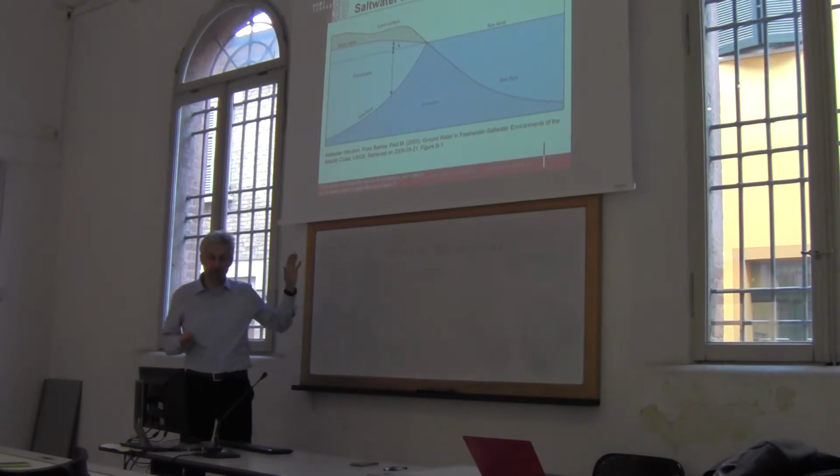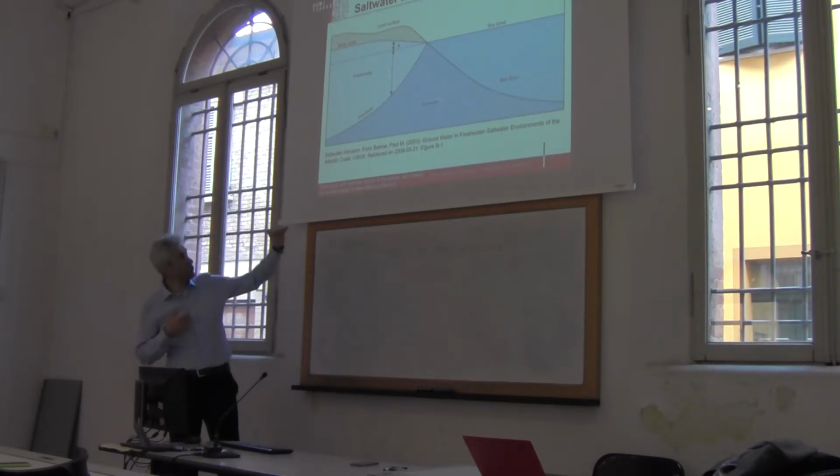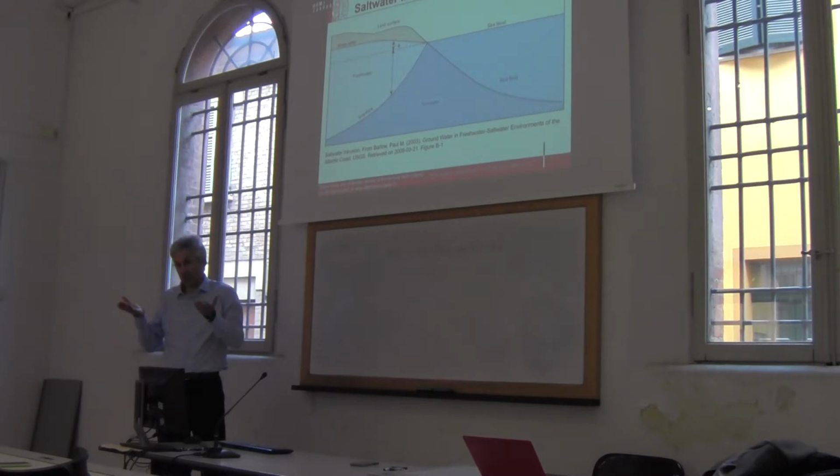And this is extremely delicate, because it's important to be aware in advance that we are impacting on that. Of course, if you have land subsidence or an increase in sea level, the equilibrium is compromised. And land subsidence is far more important, depending on the region, of course, than the rise of sea level.